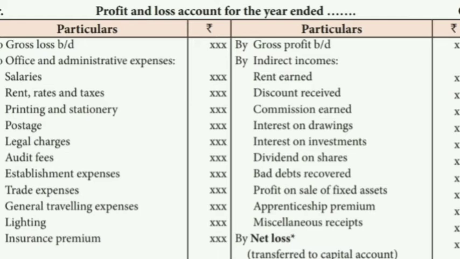If we fail to have the office expenditure, then trade expenditure would go for the indirect expenditure. Then general traveling expenditure, lighting, insurance. Lighting, if it is factory lighting, then it should fall on direct expenditure. So office related lighting and all, we have to keep it in the P&L.